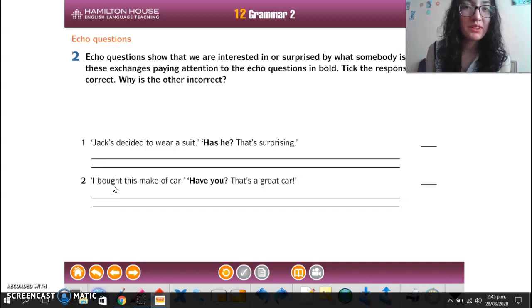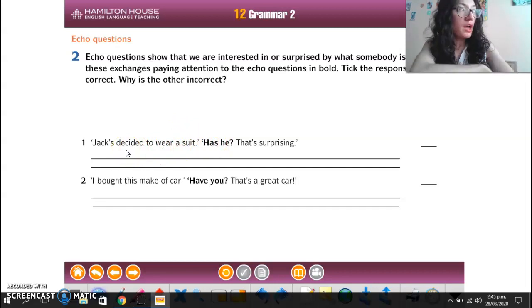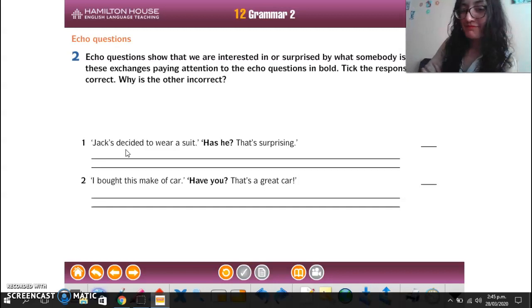So echo questions make the difference. You are going to see this. For example, first you're going to use this: Jax decided to wear a suit. Has she? That's surprising. So you can see that I show a lot of interest or surprise.